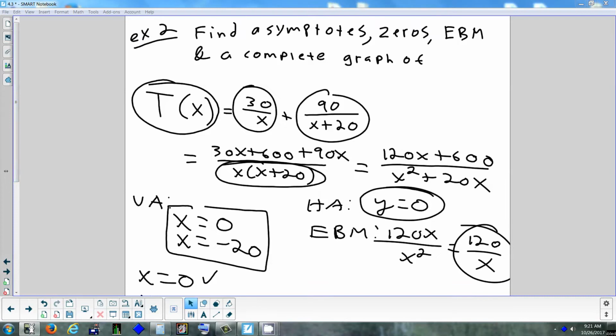They said find a complete graph of that equation. They didn't say find a complete graph of the problem situation. If somebody walked in right now and just looked at that equation, they would have no idea that it's about a car. So we need to find a complete graph of that equation.